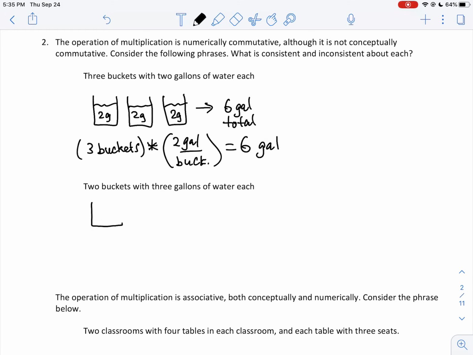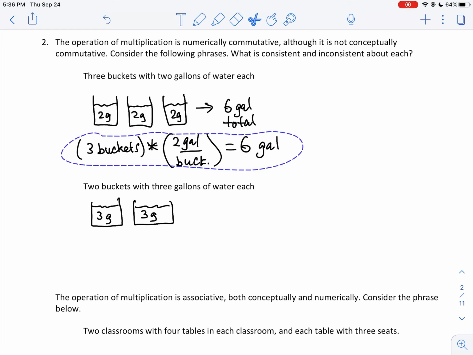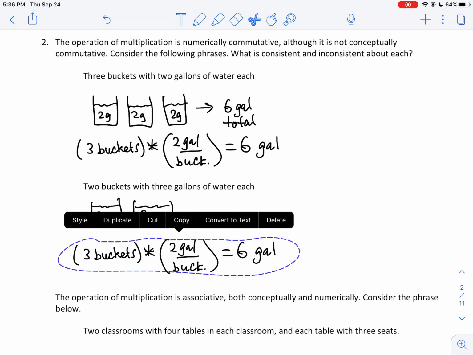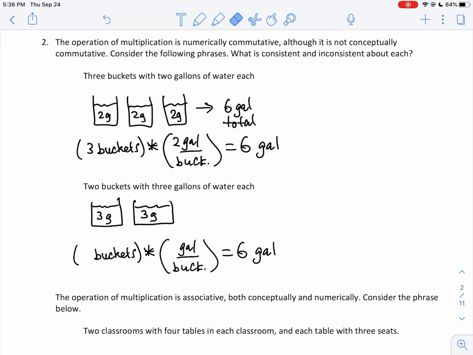So this time we have maybe bigger buckets, but there's 2 of them, and they each have 3 gallons. So imagine these are the same. Okay, so I'm going to essentially just copy this sentence but change some numbers around. Now we have only 2 buckets, but there's 3 gallons per bucket, but we still get a total of 6 gallons, right? If that's what we're after.